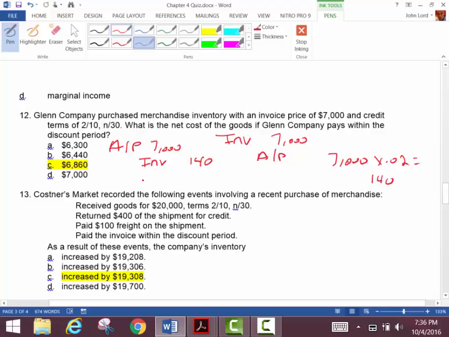And I'm going to credit my cash for the difference, which is 6,860, the answer to this question, how much I have to pay for this. Now, if I'm keeping track of my inventory account, I would have just debited it for what?